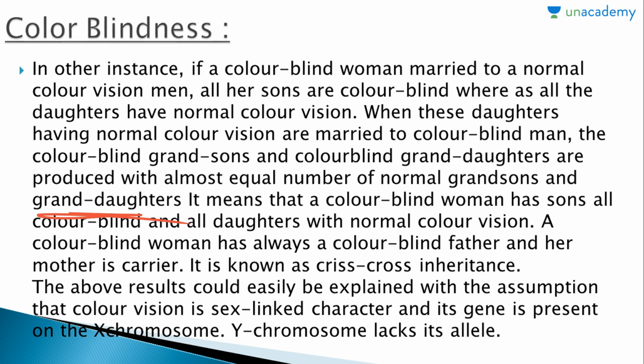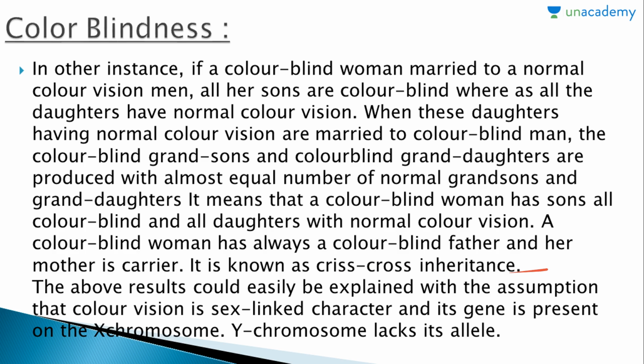It basically means that a color blind woman has all sons color blind and all daughters with normal color vision, and a color blind woman always has a color blind father and her mother must be a carrier. Remember that. It is known as crisscross inheritance.